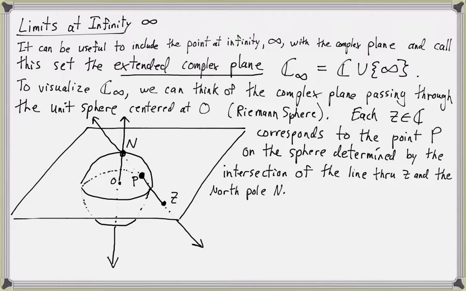The only point in the extended complex plane that we haven't described yet is the point at infinity, and we will identify the north pole N with the point at infinity.